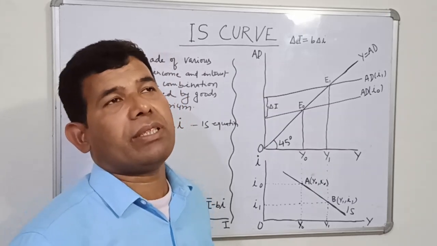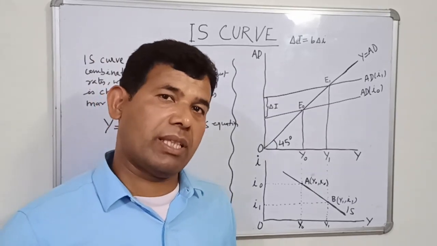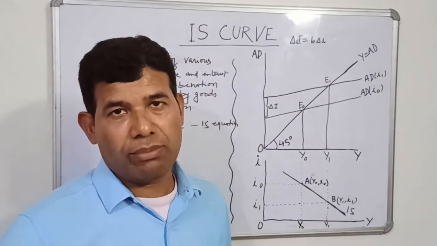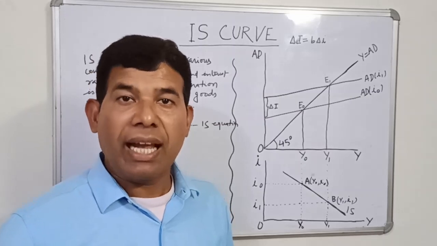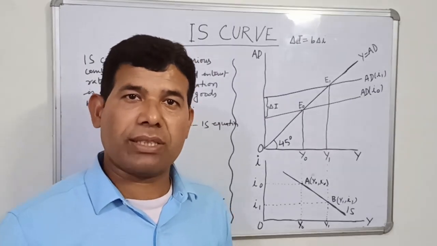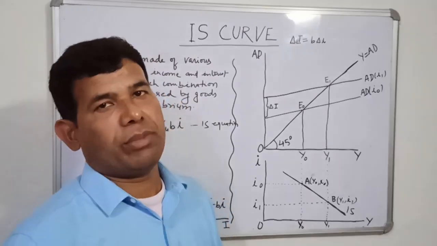That means if the interest rate falls, investment in the economy would rise. If the interest rate rises, investment would fall. Remember, here investment means addition to the capital stock, addition to the production capacity in the economy.